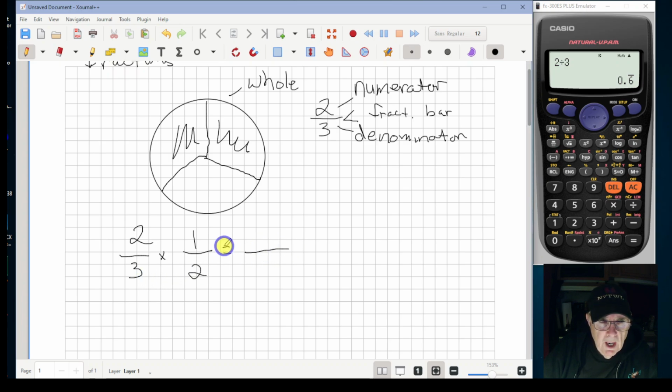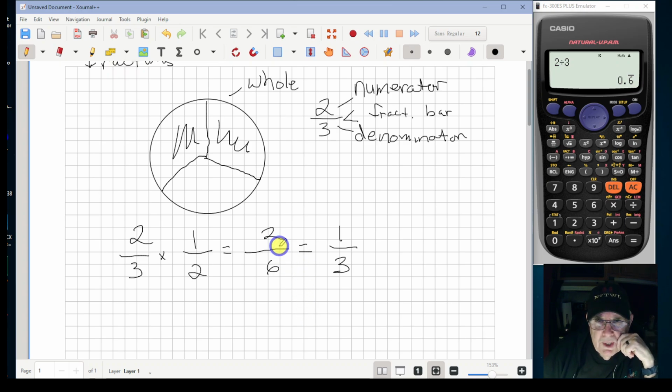You'll get another fraction. 2 times 1 is 2, and 3 times 2 is 6. So we get 2 over 6. And since this can be reduced, 2 goes into 2 one time, 2 goes into 6 3 times, we can reduce that fraction to 1/3. Many teachers will beat you over the head if you don't reduce your fractions. There is nothing wrong with this fraction. It just can be expressed with smaller numbers.